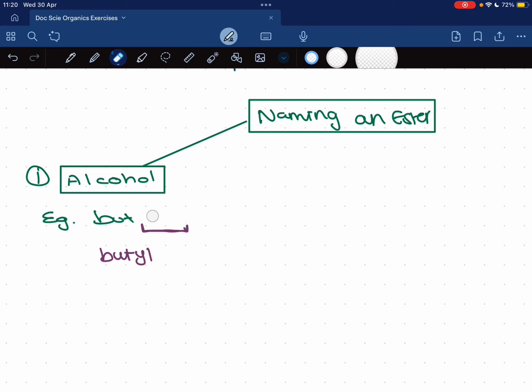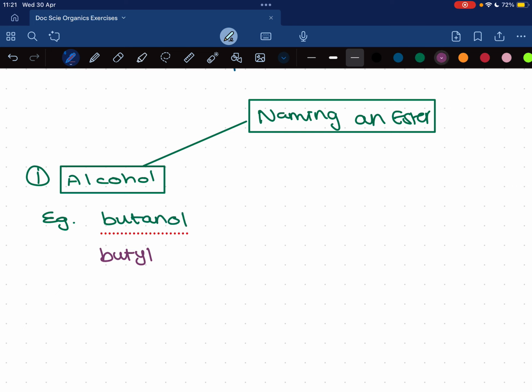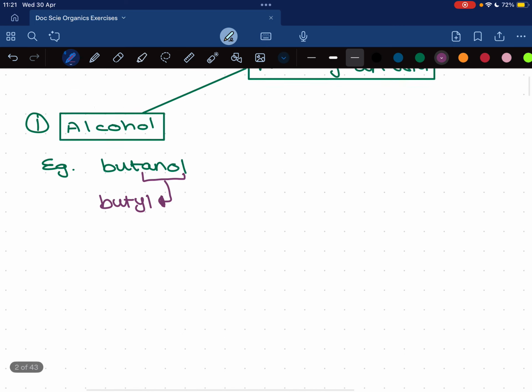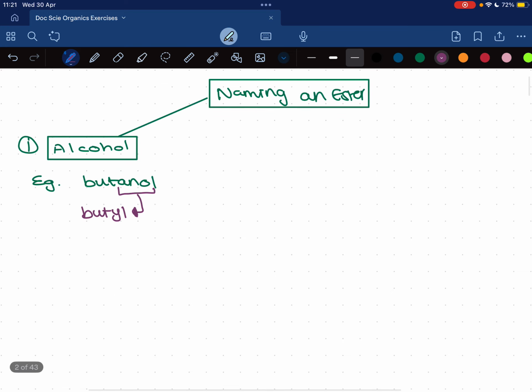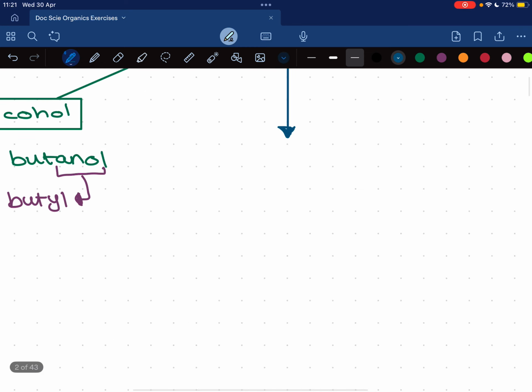Let me just fix this because it's glitching out a little bit. Butanol, and we'll take out the anol part and we'll call it now butyl. That's the first part. The second part of the name would come from the carboxylic acid.